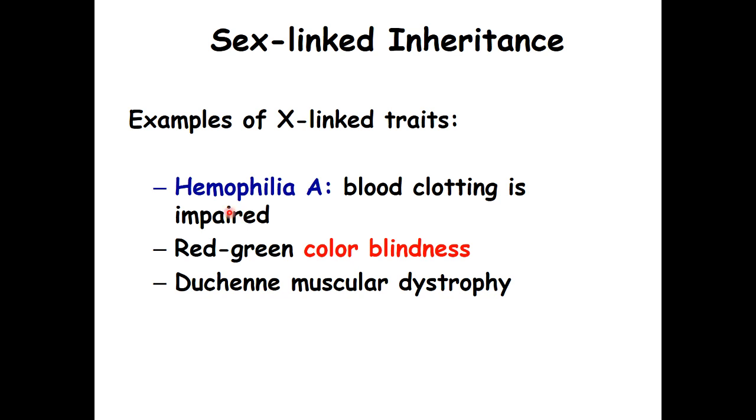So for example, hemophilia is a blood clotting disease where if the patient gets a cut, they cannot form a clot. They will die from bleeding excessively. Then you have red-green color blindness. That explains why a lot of men are colorblind and fewer females are colorblind, because once again, you only need one bad X to show this. And muscular dystrophy is another one.